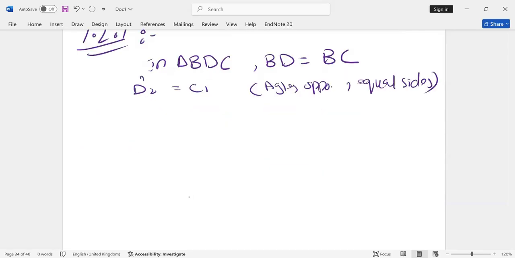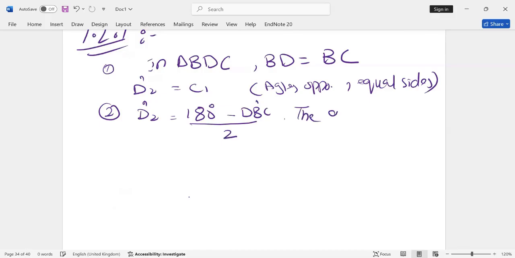The second point is D2 equals (180 degrees minus DBC) divided by 2. The given CDB equals theta.